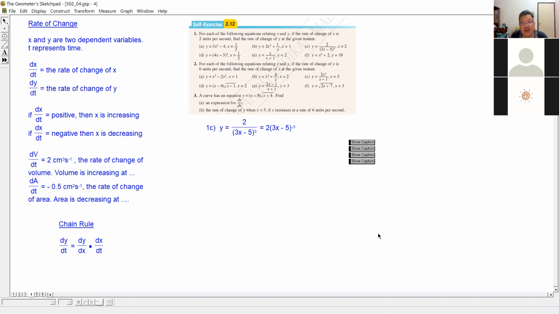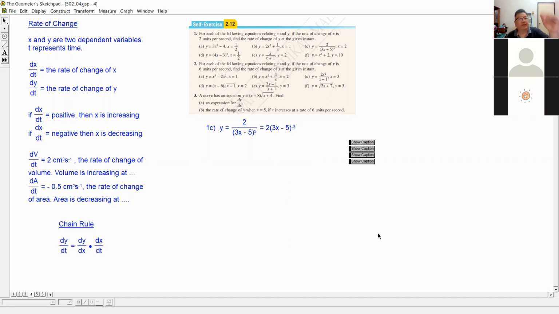What is the rate of change of the area? Negative 3 square centimeters per second. This is what they mean by the rate of change. That means a certain physical quantity is either increasing or decreasing with time. That is the meaning of rate of change.